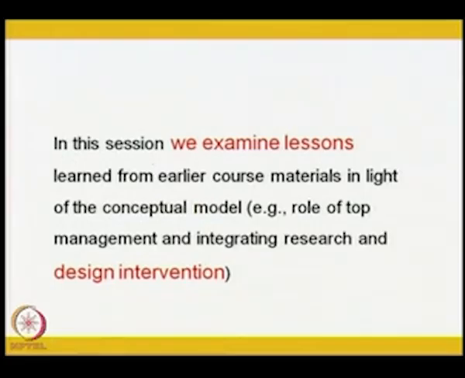In this session, we examine lessons learned from earlier course materials in light of a conceptual model, for example, the role of top management and integrating research and design intervention.